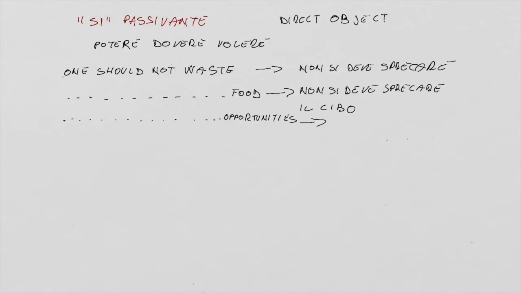And the result in Italian is non si devono sprecare le occasioni. So, while in the first two sentences the singular person of the verb si deve is used, in the third one the plural non si devono is required because the verb must agree with the plural occasioni, opportunities.